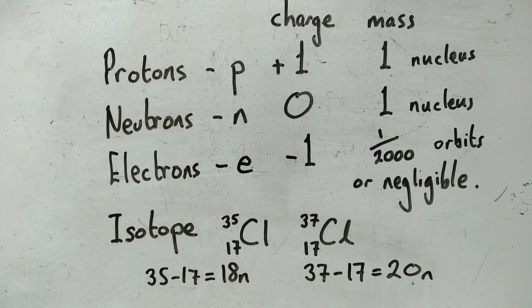You can identify an element simply by the number of protons. So, for example, here with the chlorine, both of these are chlorine because the bottom number is 17.